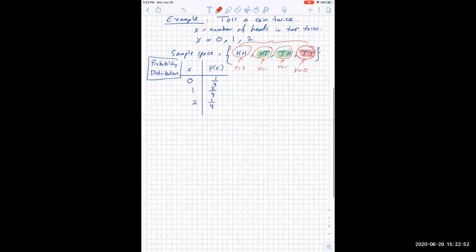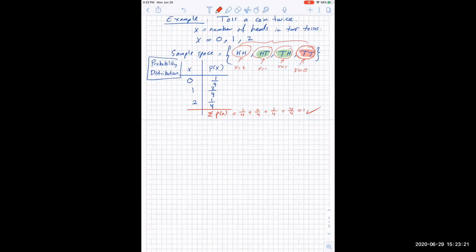Now, to check your work, you add all the probability values. The sum must be equal to 1. If your values in the table are correct, when you add 1 over 4, 2 over 4, 1 over 4, you get 4 over 4, which is 1.